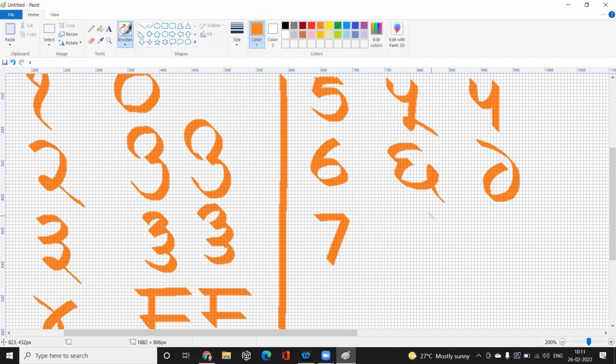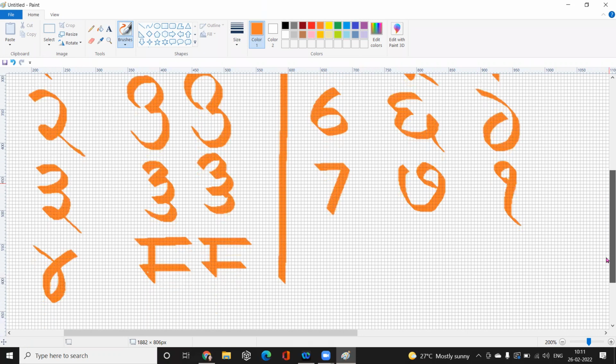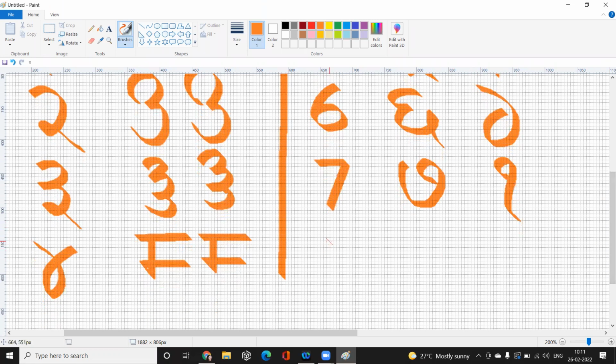7. And 7 is a little bit, it'll look like 1 in Devanagari. So somewhat similar to that. Number 7 is. Then 8.